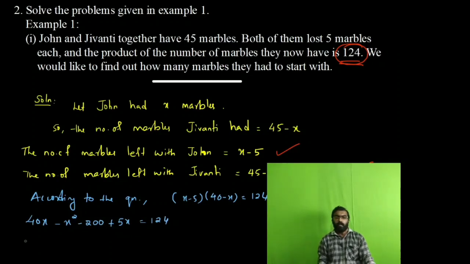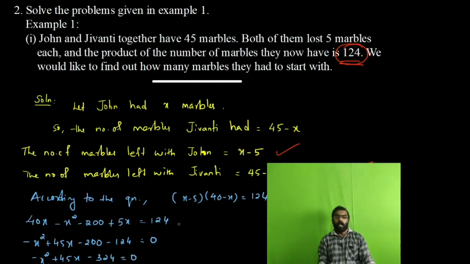We can rearrange. First we write the term involving x square. Here it is minus x square, then 40 plus 5, 45x, minus 200. This time we take 124 to the left side, minus 124 is equal to 0, or we can write minus x square plus 45x minus 324 is equal to 0.